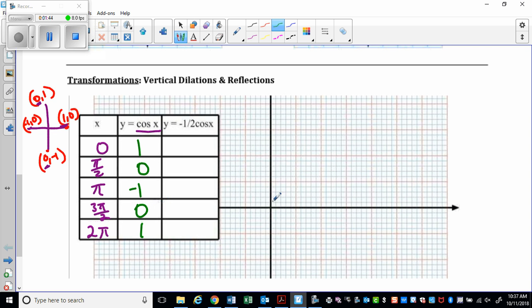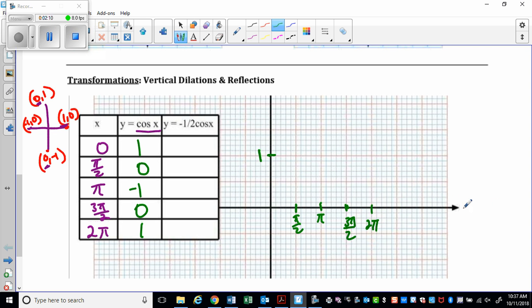So I'm going to plot this first in green, and I'm going to say that 1 is maybe right here. Okay, this is 1. And this right here, this reddish line, is going to be pi over 2. So this one is going to be pi, and then 3 pi over 2, and then 2 pi.